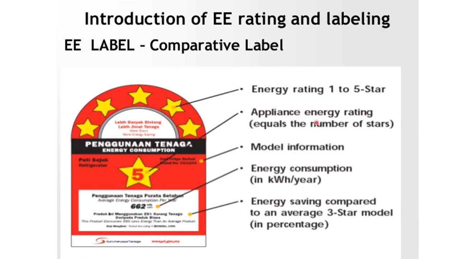It ranges from 1 to 5 star. At the center, inside the star, the energy rating equal to the number of stars is mentioned. Rest all details about the product are also mentioned for the proper understanding of the customers.